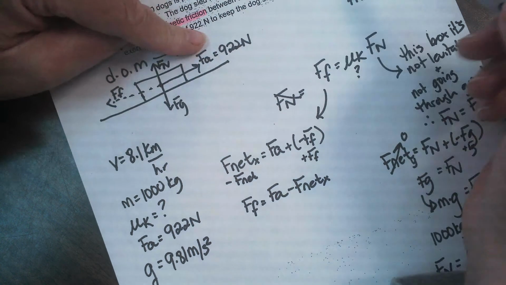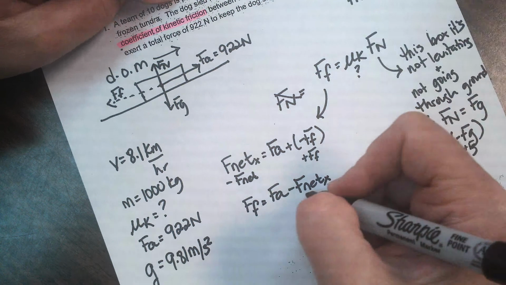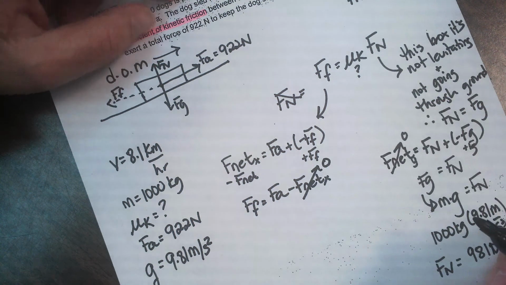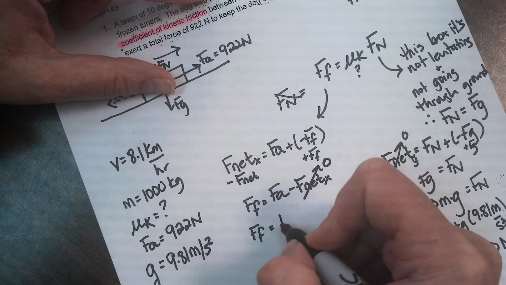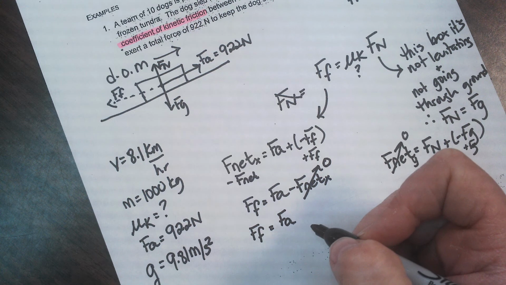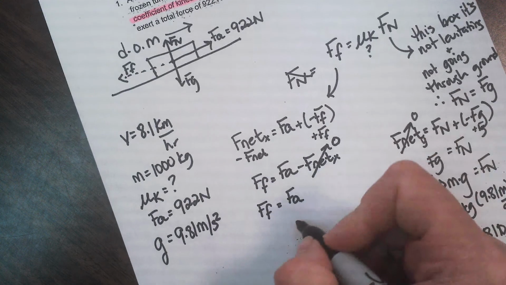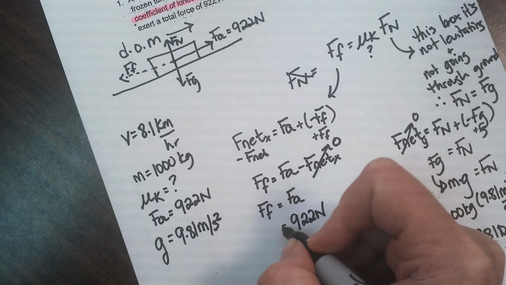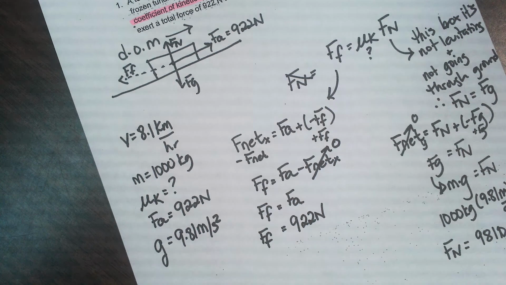But what we see is that it's at a constant velocity. So again, it's a balanced force, so that's 0. Which means that force of friction is equal to force applied. Force applied is 922 newtons, which means that force of friction must be 922 newtons.